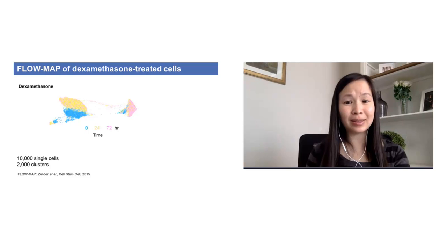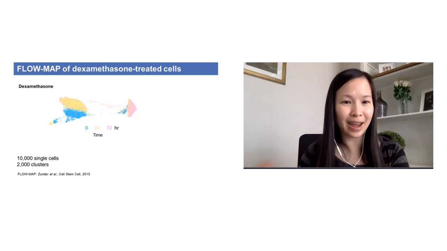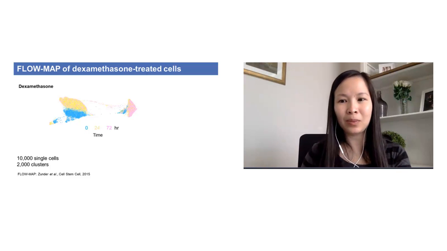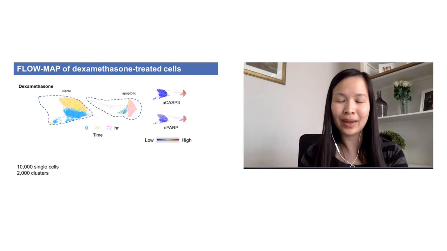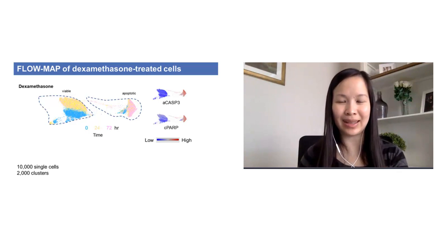From the arrow, there are several features, and the first distinguishing feature is the arrowhead. To understand what the cells in the arrowhead are, we look at the markers of different proteins that we had in our panel. In the arrowhead, the proteins that are highly expressed, shown in red, are active caspase 3 and cleaved PARP.